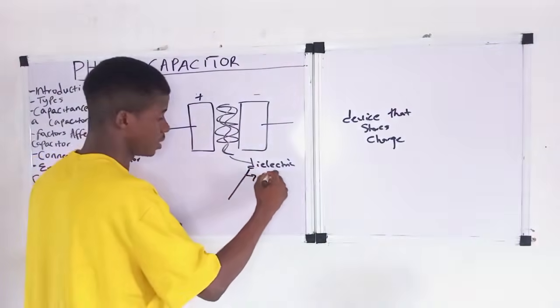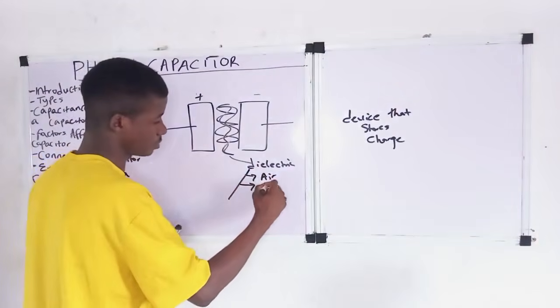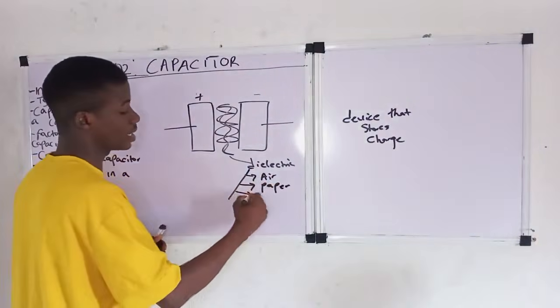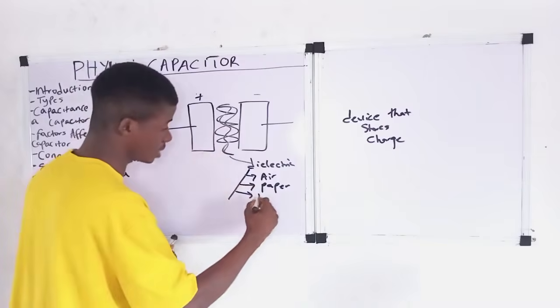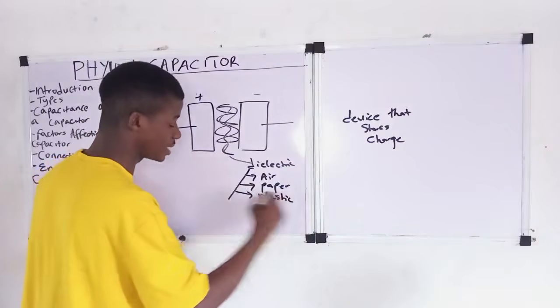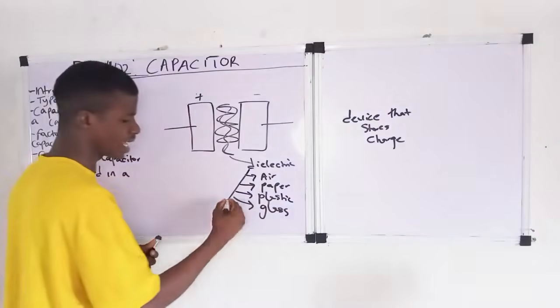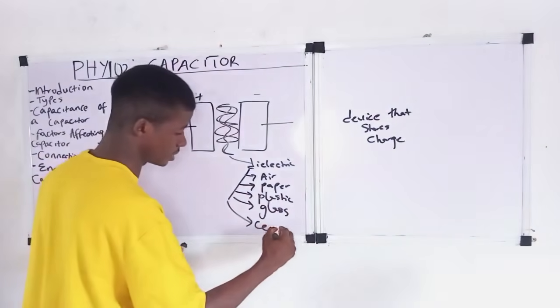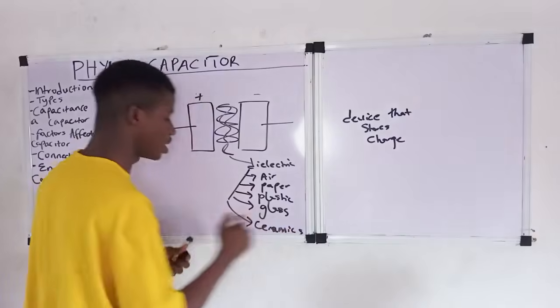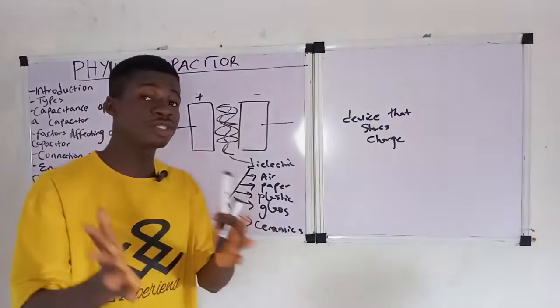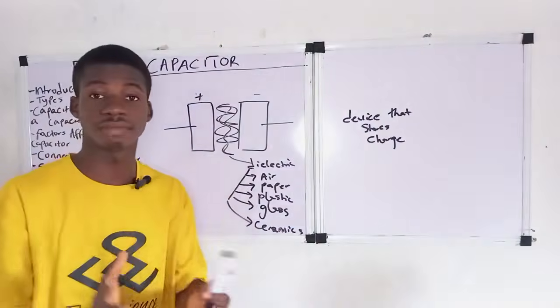A dielectric can be air, paper, plastic, glass, and many others. It can even be a ceramic. The important thing you need to know is that the dielectric is an insulating material.